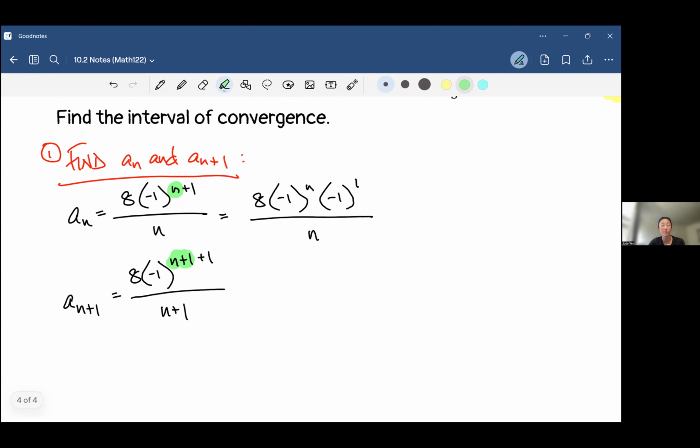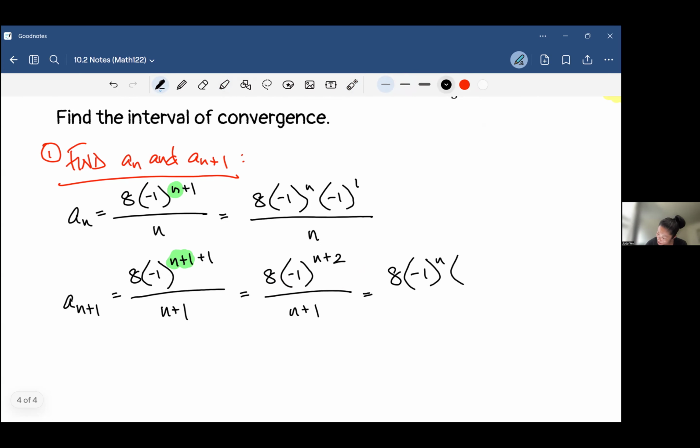Everywhere I see an n, I'm going to put an n plus 1. But we could just call this as n plus 2, right? We don't need to write n plus 1 plus 1. So this gives us 8 times -1 to the n plus 2 over n plus 1. And I'm going to go ahead and use my exponent properties to split the numerator. 8 times -1 to the n times -1 squared over n plus 1.